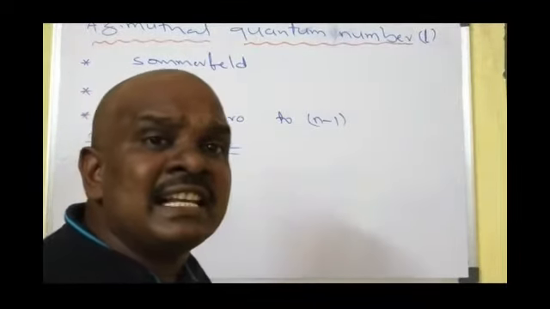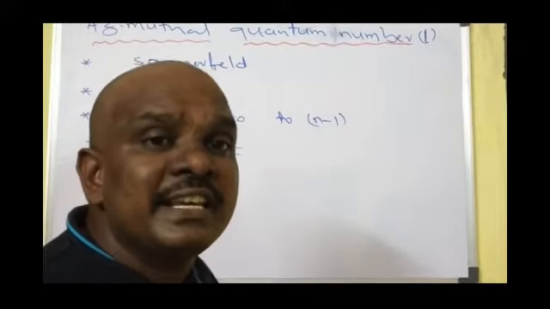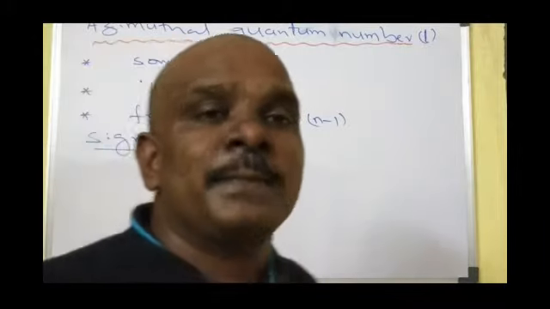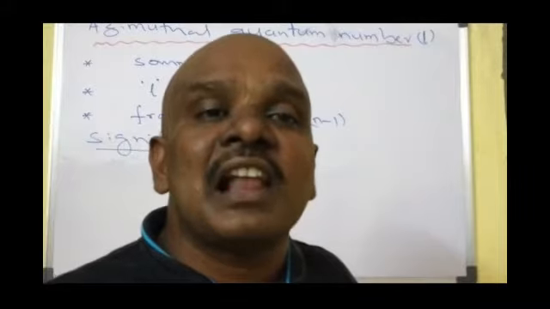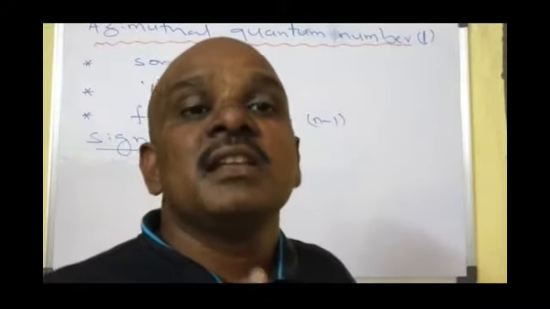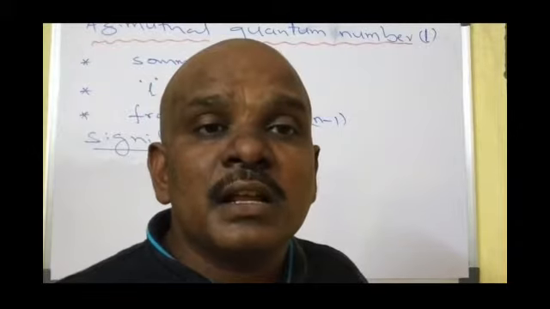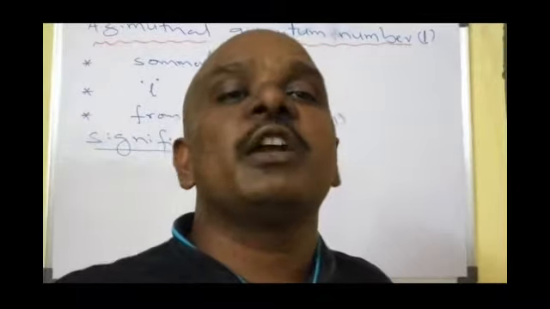The main significance of the azimuthal quantum number is that it is used to explain the spatial distribution of an electron cloud and angular momentum. That's why it is also called the angular quantum number.